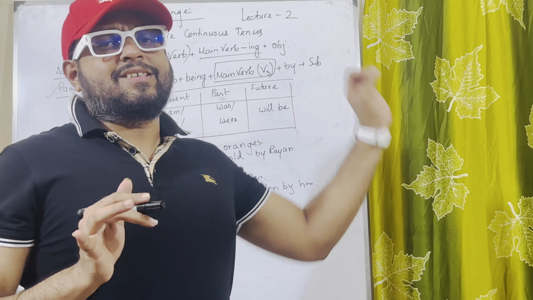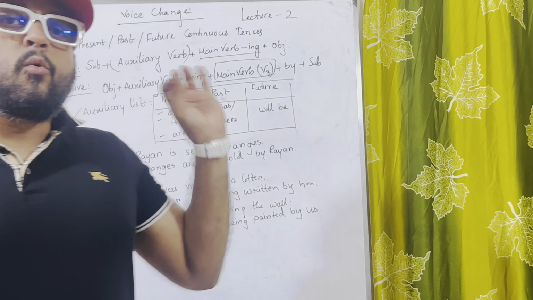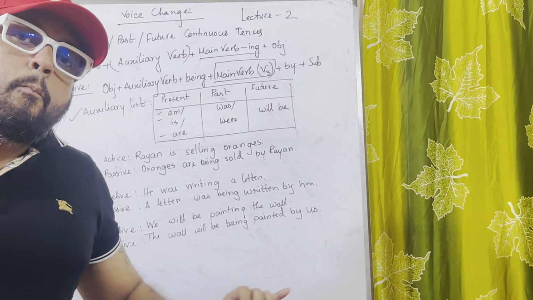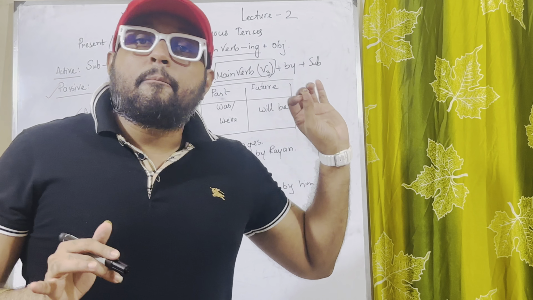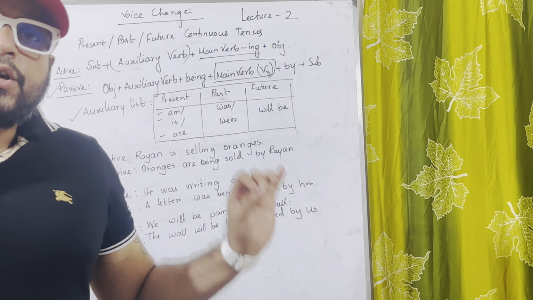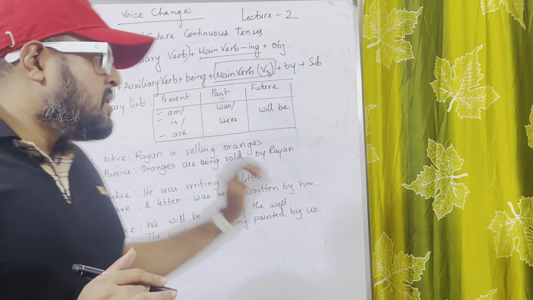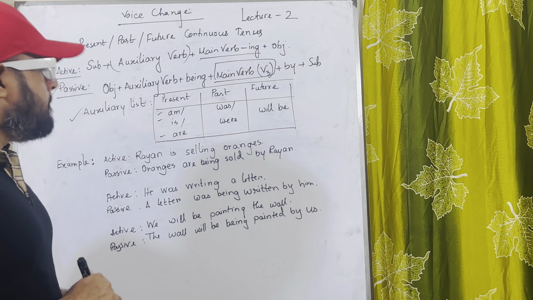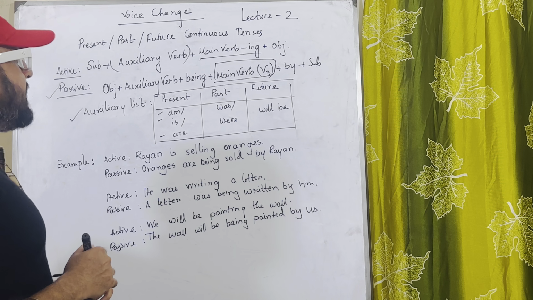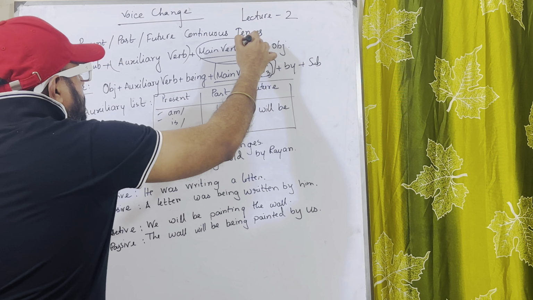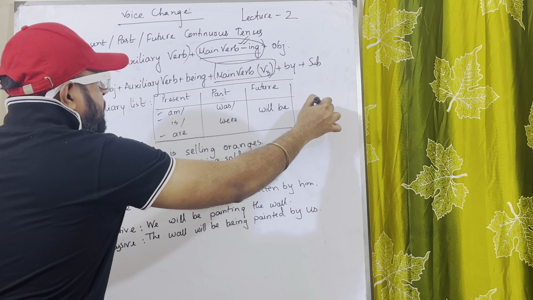Whatever the tense is, which tense you are actually working with, doesn't matter at all. You just keep in your mind that only a past participle verb is required to write your passive sentence. So here it's your past participle verb or V3 form. But the problem is here. In case of a continuous tense, we got the verb with ing form.